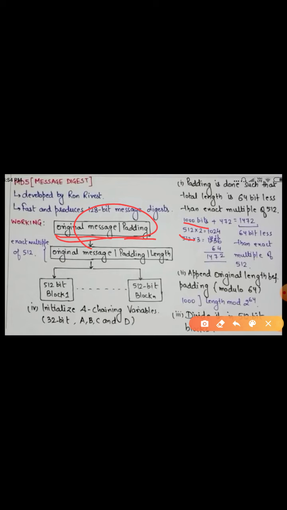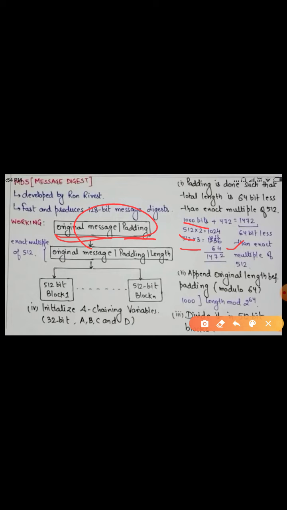Now try the third multiple, 512 into 3, which is 1536. If you subtract 64 bits, then we get 1472.